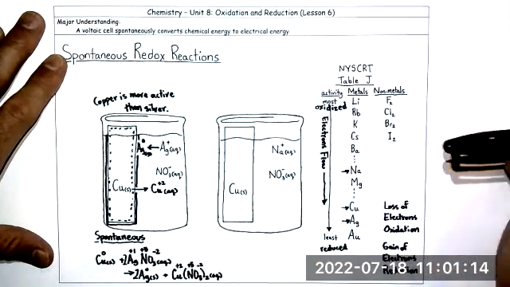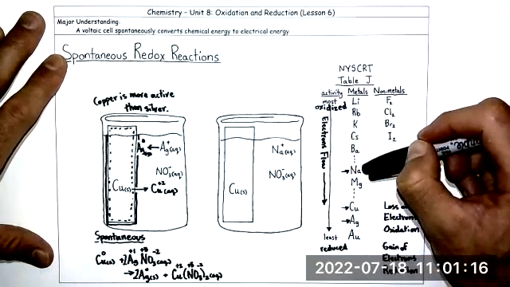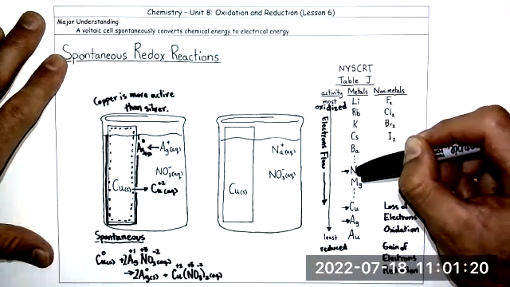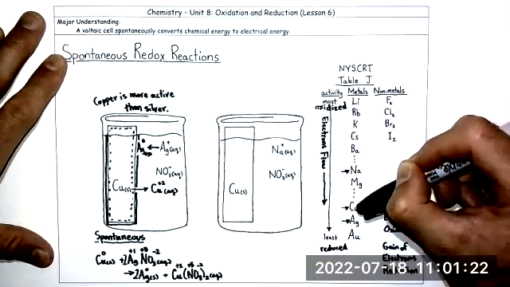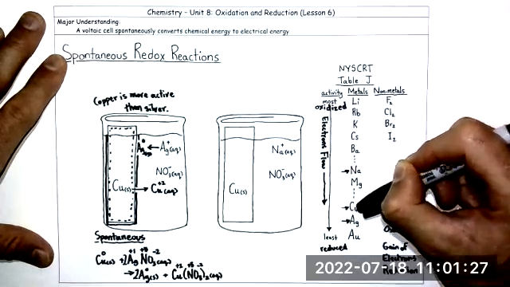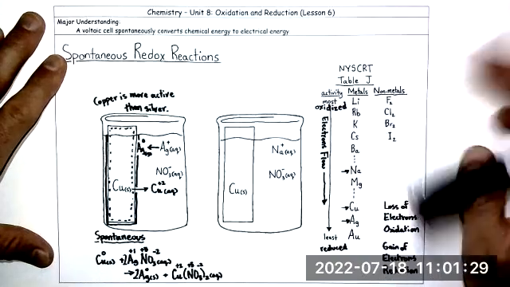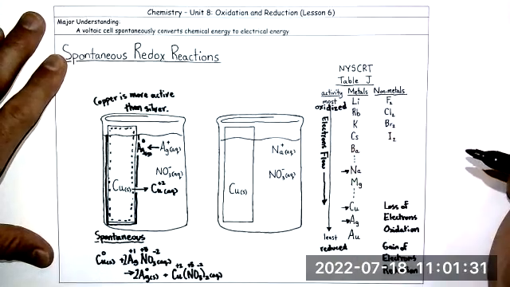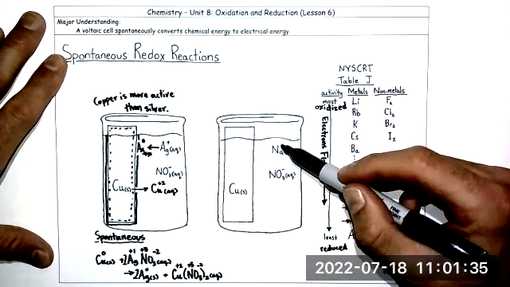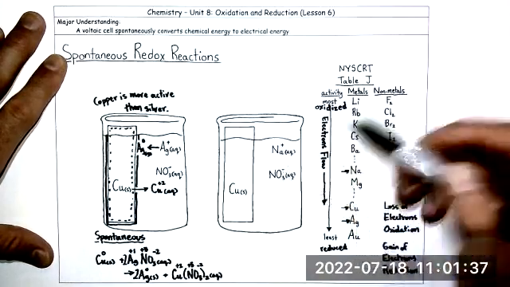It can't lose any more electrons, but it's above copper on table J, and electrons spontaneously flow down. So sodium spontaneously would give electrons to copper, and copper would gain electrons from sodium. But sodium doesn't have any more electrons to give. It lost its one valence electron already to nitrate.